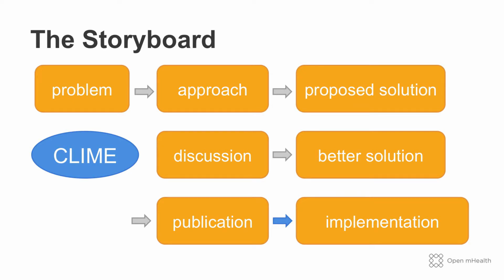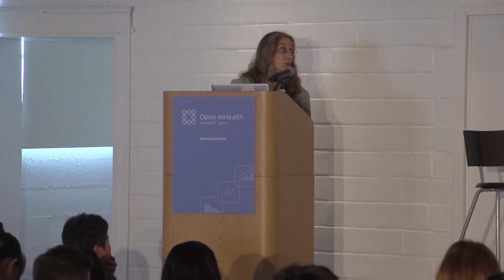I put on the slide the process that we did with the CLIME. We defined what the problem space was, which I'm going to go over in the next slide. We chose an approach and we proposed a solution. And then we presented to the people in the CLIME.